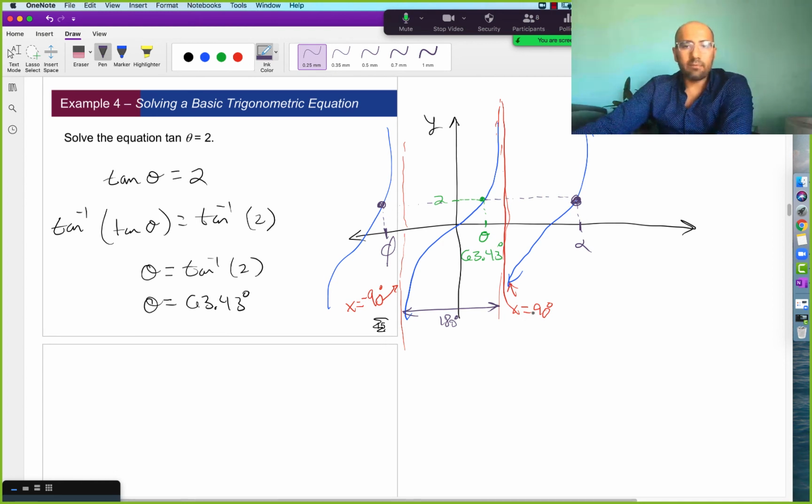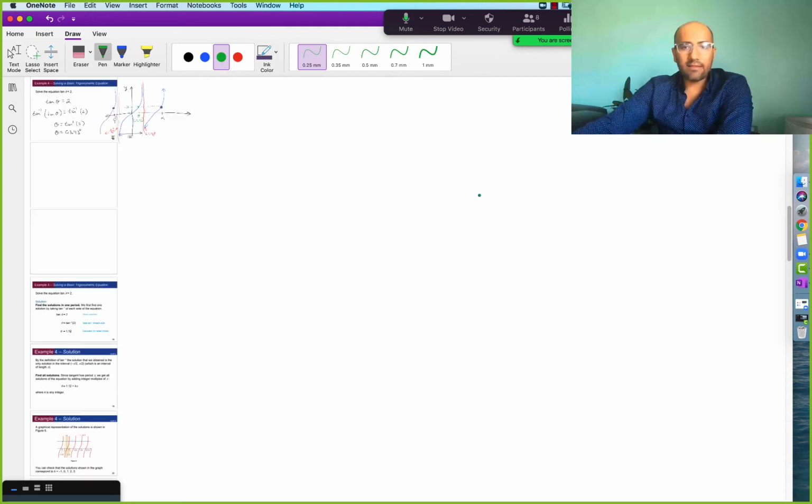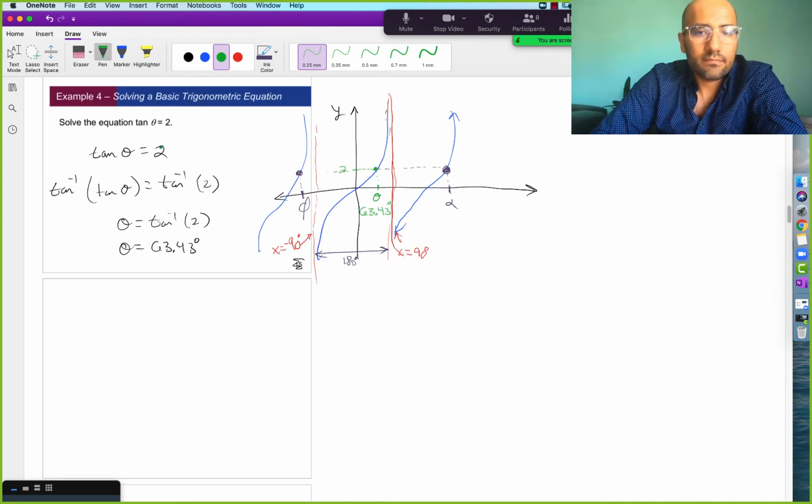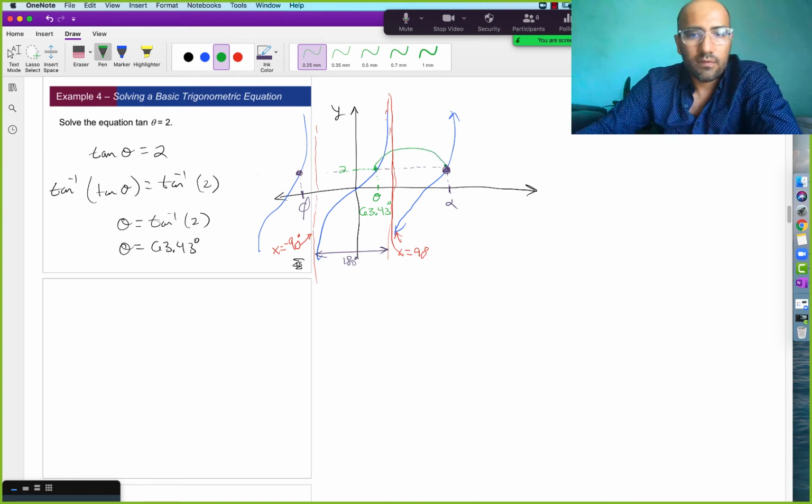And because the period is 180 degrees, what we have to do is add and subtract multiples of 180. This guy to that guy is plus 180 degrees. And this guy to this guy is going to be minus 180 degrees, right? The x-coordinate of it. Good.